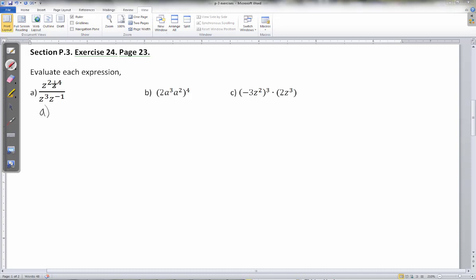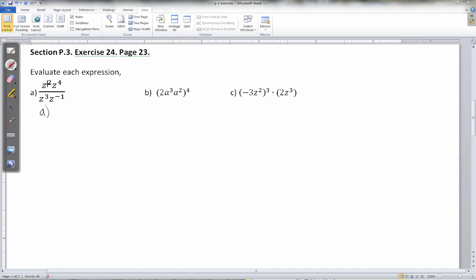I could add these exponents first and add these together, or I could start subtracting. I could subtract the 3 from the 2, the 4 from the negative 1. It doesn't really matter where you start as long as you obey the rules of exponents.